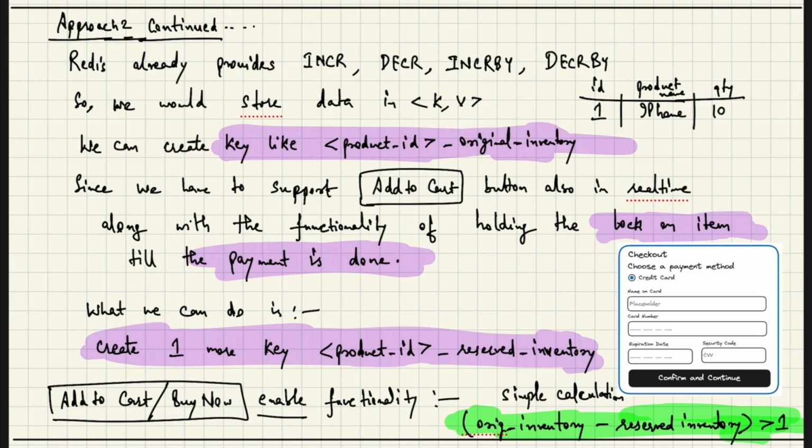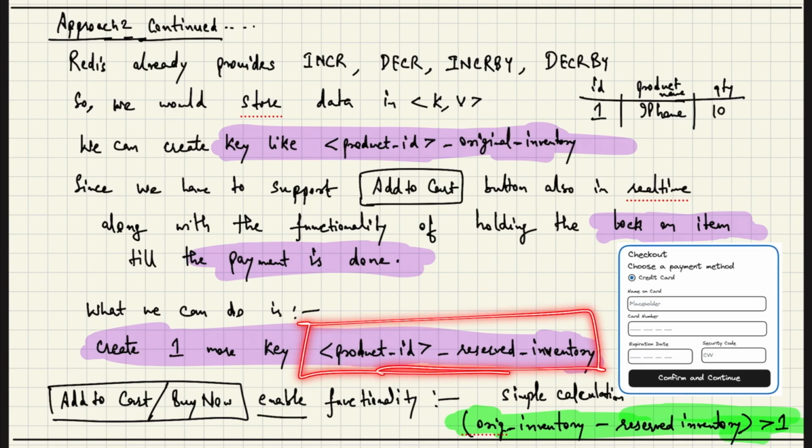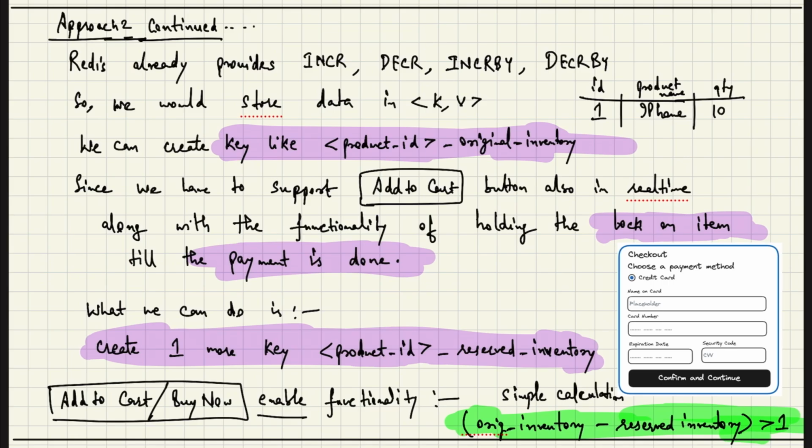So it's better that we leave the original inventory untouched. Instead of that, we should create one more key with the reserved inventory. This key would be populated when the user clicks on checkout. When the particular order has been checked out, only then this key has to be populated.